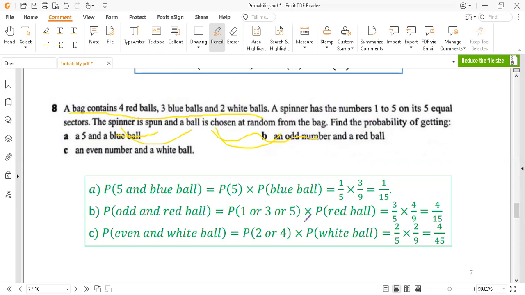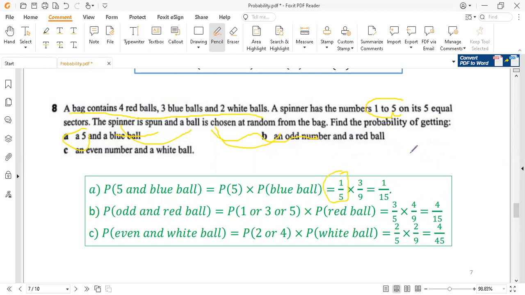Find the probability of getting a 5 and a blue ball. For 5, we have 1 from 5 numbers, so it is 1 over 5 because all the numbers in this spinner are equally likely to happen.